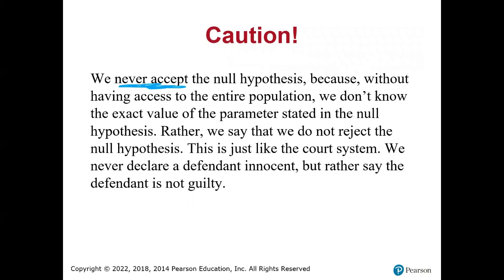We cannot accept a null hypothesis because all we have done is taken a sample. If I do not access the entire population, I do not know the full population value. Again, mine is an estimate that can be within a certain range based on my confidence intervals that we just did.